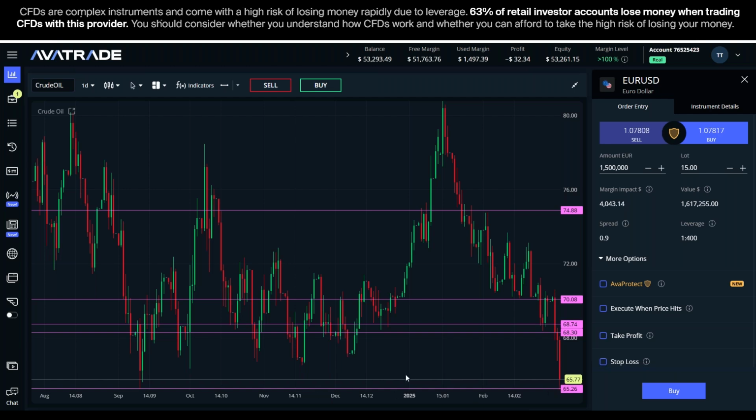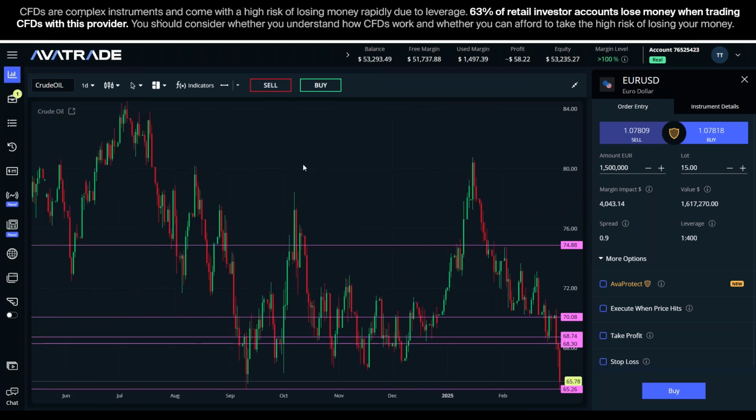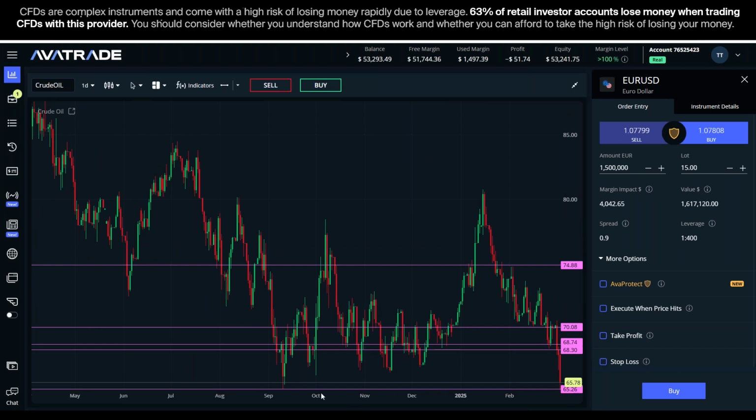So on the one-day candles, we see why there's a bounce right now in the price of crude oil on this downtrend. It doesn't mean it won't break that support level, but that's the support level it just bounced off of. So it wouldn't take much to get your stop loss below 65.26 to see if that one-day candle support holds. And maybe it does what it did here.